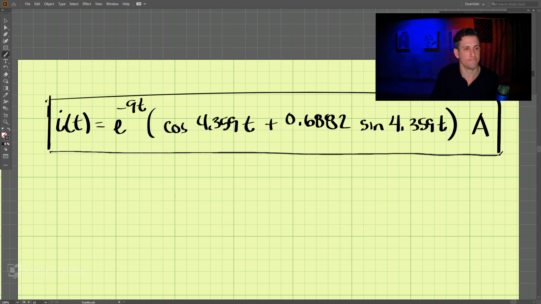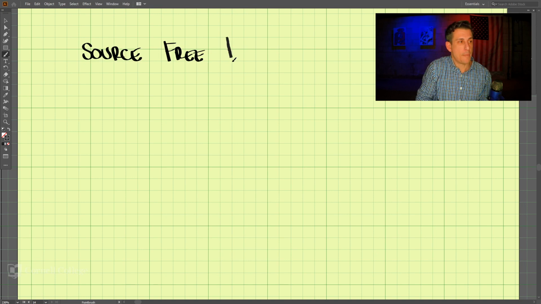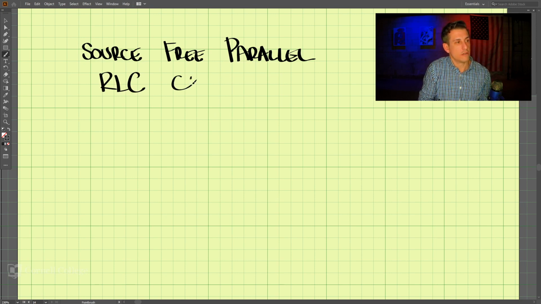That is the current. We will now examine a new circuit called the source-free parallel RLC circuit. So what we have here is a circuit that looks like this.